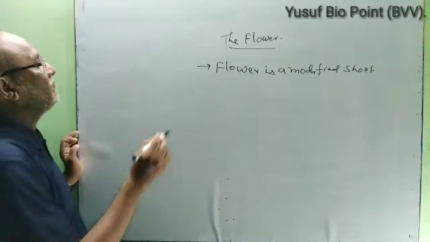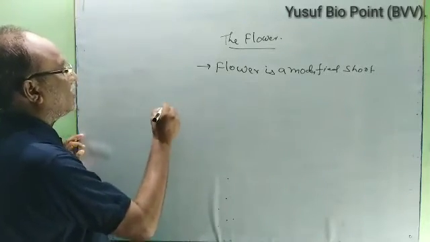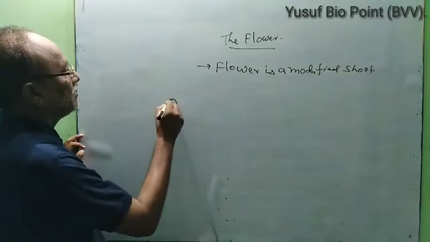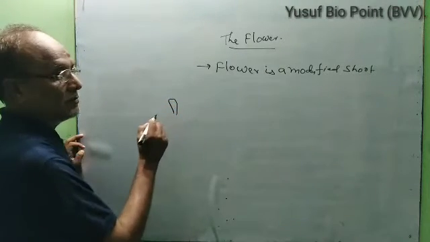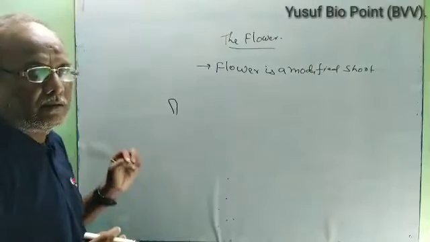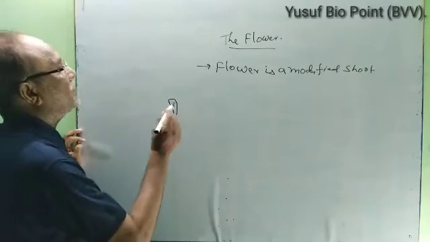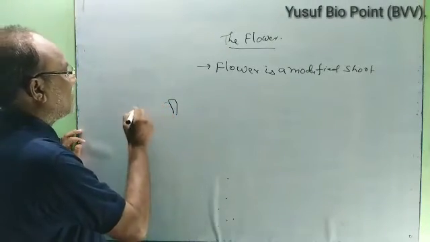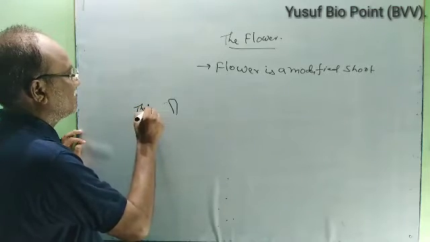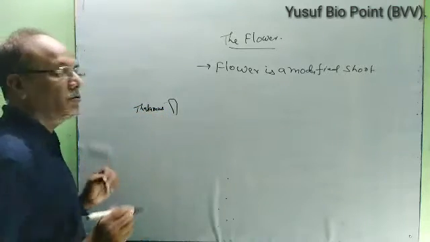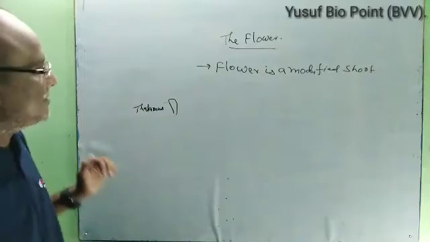If you see the flower, it is the thalamus on which the floral members rise.